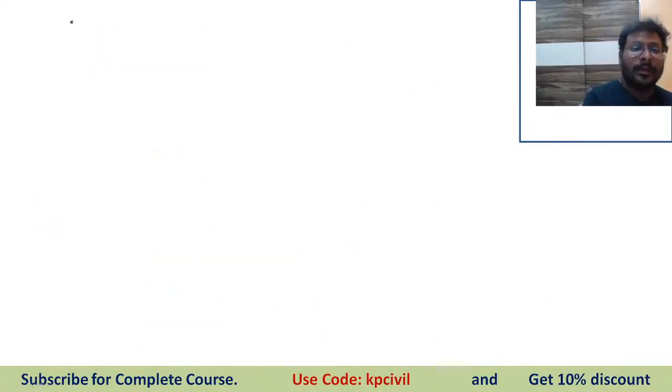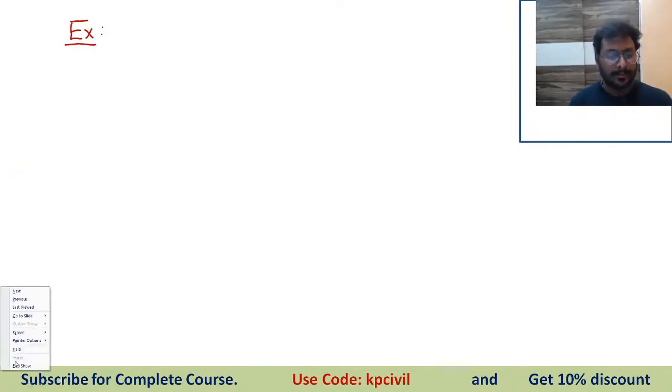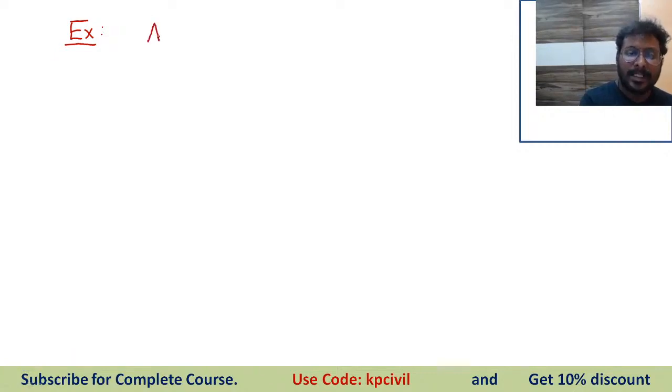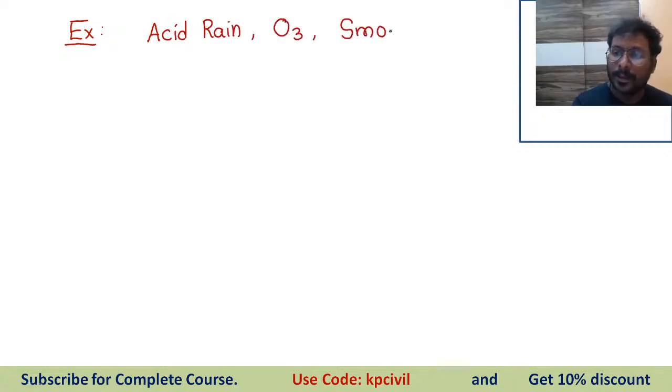Then we will write down examples for secondary air pollutants. Clear? Examples for secondary air pollutants. As just now discussed, acid rain, ozone, smog.